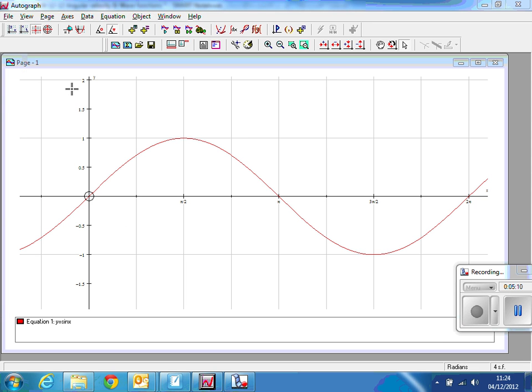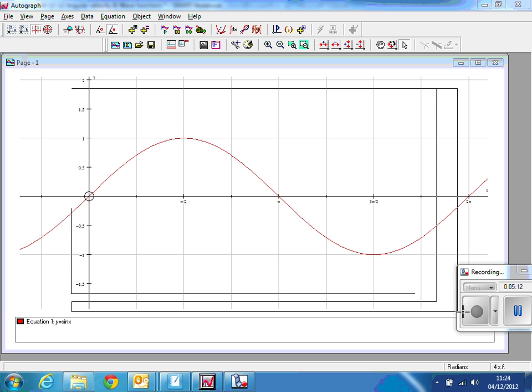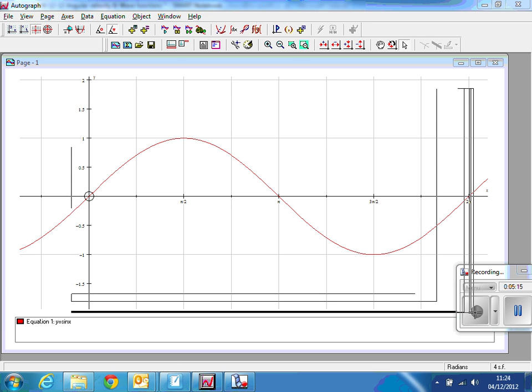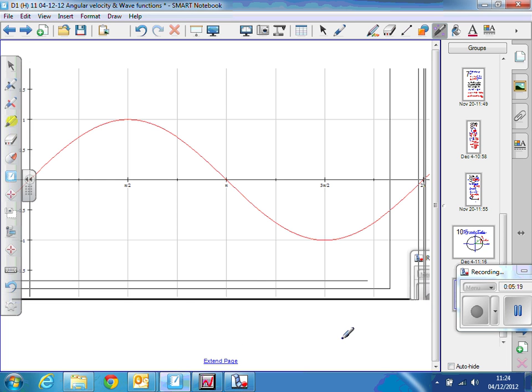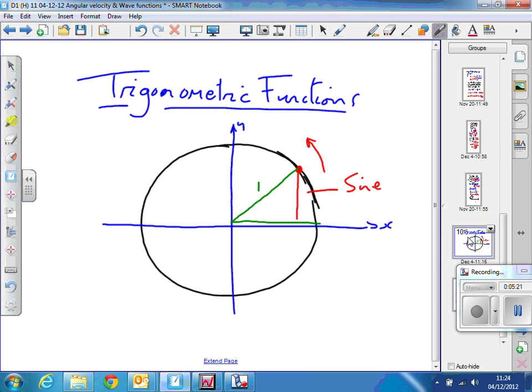If I put this in the notes here, you'll be able to see it. So let's go back to here again. If I'm interested in how far up the y-axis I've gone, and this is why the sine is the most common, then this is the one, because the sine tells me how far up the y-axis I've gone. This axis is often time, so x is often the time.